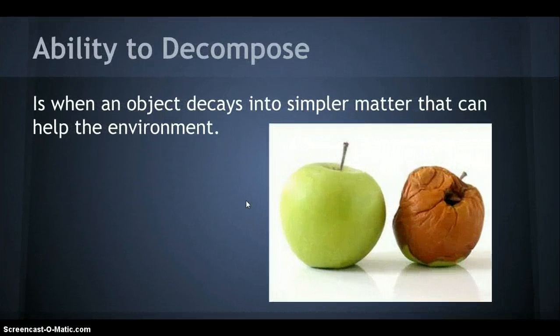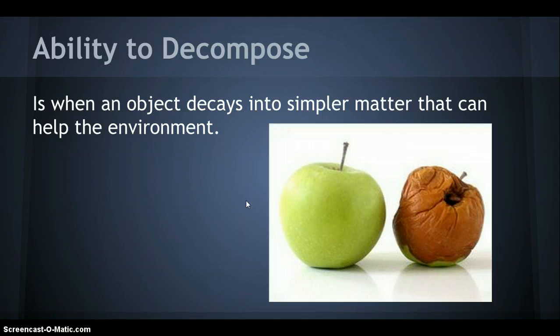Ability to decompose. This is when an object decays into simpler matter that can help the environment. In the picture, you'll see two apples. On the right, you'll see a brown apple with a hole in it on the top, and on the left, you'll see a perfectly fine looking apple. The one on the right is actually decomposing, and this is because somebody made a hole in the apple and then exposed it to oxygen or left it out.